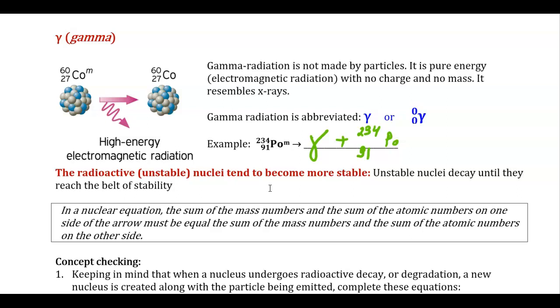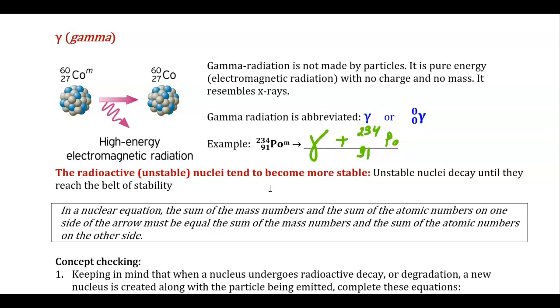Okay? So the reason why some isotopes, some elements, some atoms decay is because there is a law: unstable nuclei tend to become more stable.